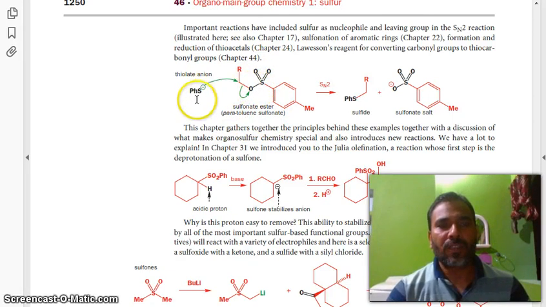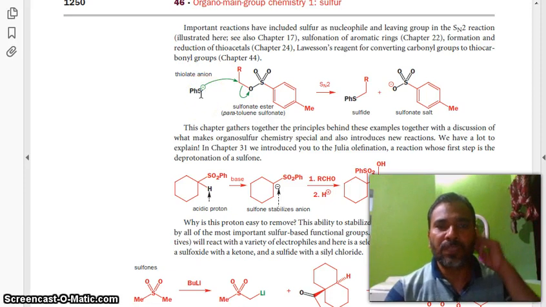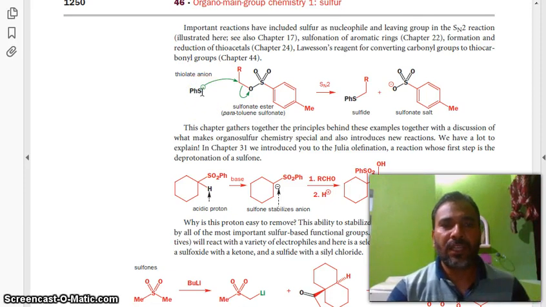So thiolate, PhSH, now PhS minus, acts as a nucleophile. The thiolate anion attacks this carbon, and meanwhile the carbon oxygen bond will break, forming sulfide. You see PhS and CH3, sulfide, and this is the sulfonate salt.